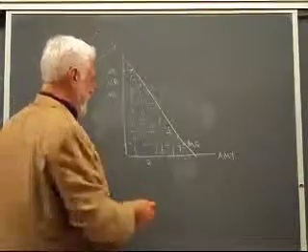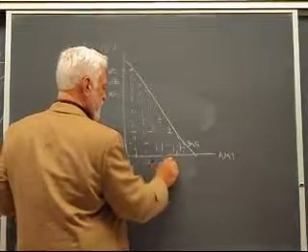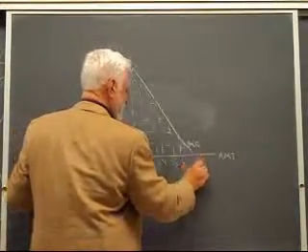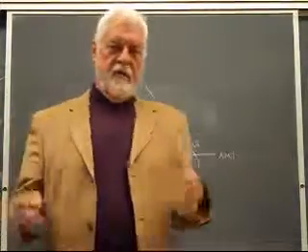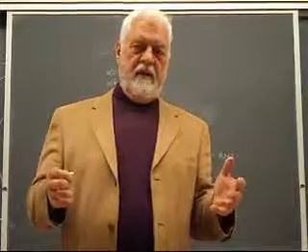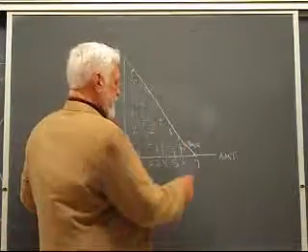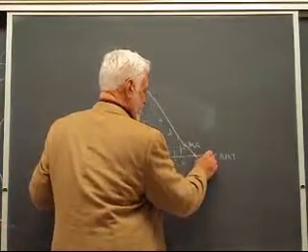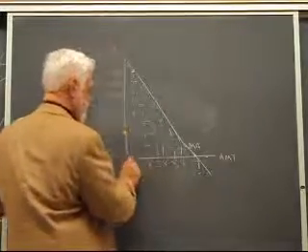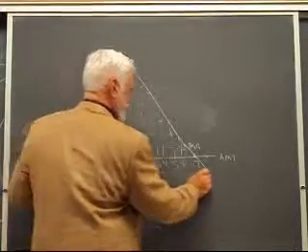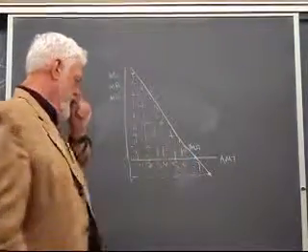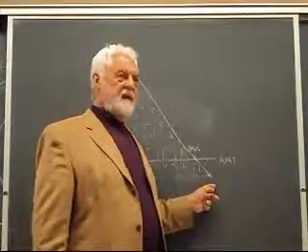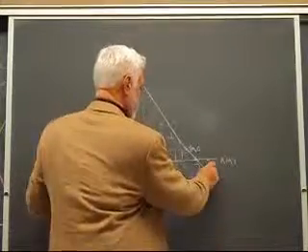There was no cost. 1, 2, 3, 4, 5, 6, 7 slices of pizza if the pizza were free. You want an eighth slice of pizza, you'd get what we call disutility. You'd be too full. You would wish you hadn't eaten that eighth slice of pizza.